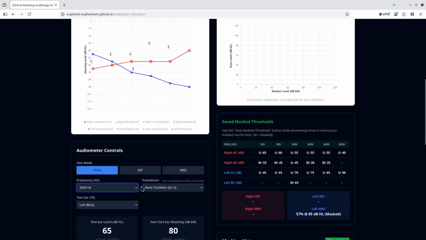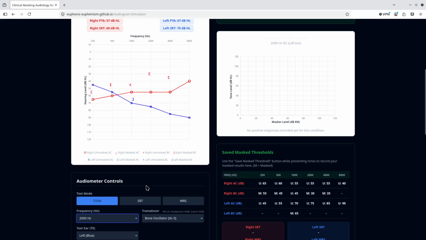So for 2,000 hertz, we're going to start with our unmasked threshold. Let's look over here, 2,000 hertz, our unmasked threshold. Hold on.